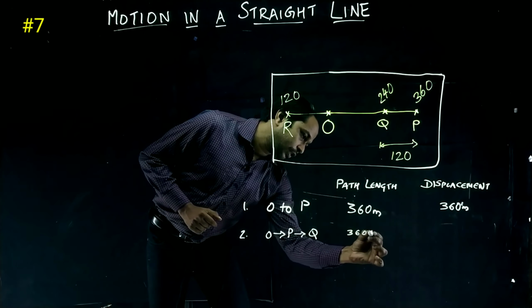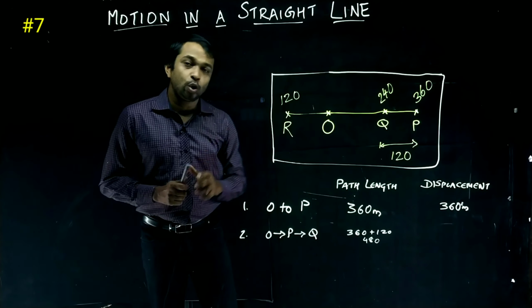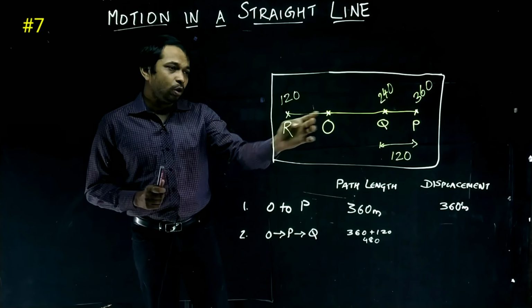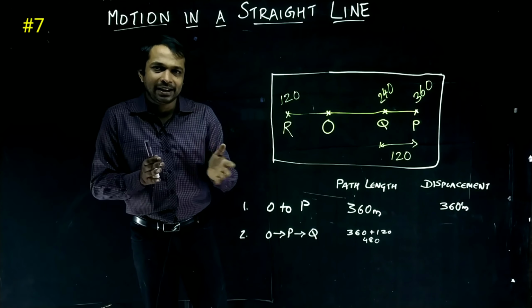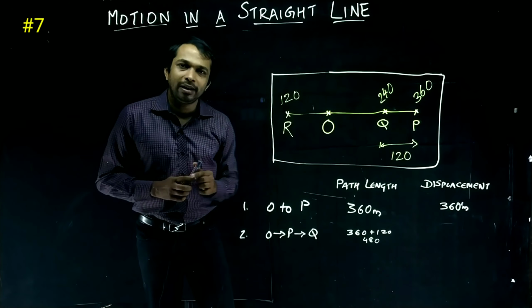Okay. Now here, what is the displacement? Now our car is at Q, which is at 240 meters from the origin. So what is the difference between the positions? It is only this 240, right? So here the displacement is 240 meters.